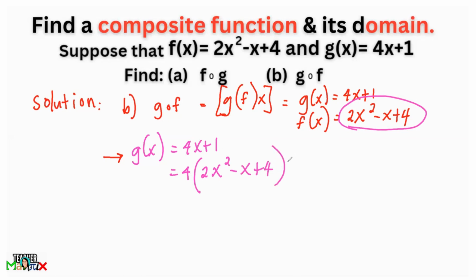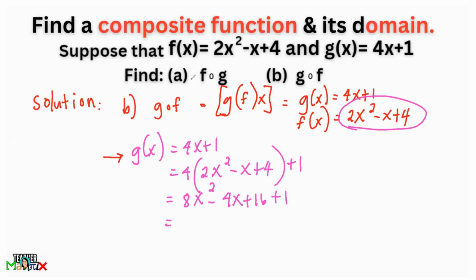Okay, and then next, plus 1. Start distributing. 4 times 2x squared, 8x squared. Then 4 times negative x, negative 4x. Then 4 times 4, plus 16, then plus 1.